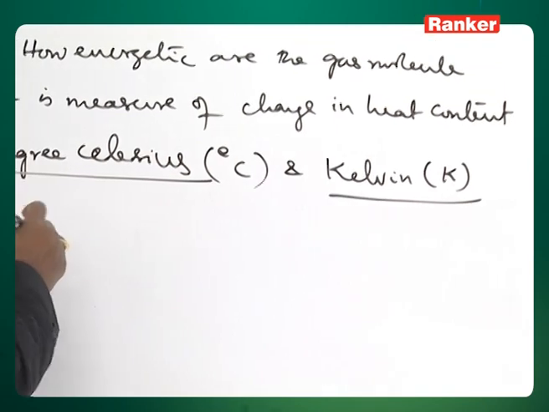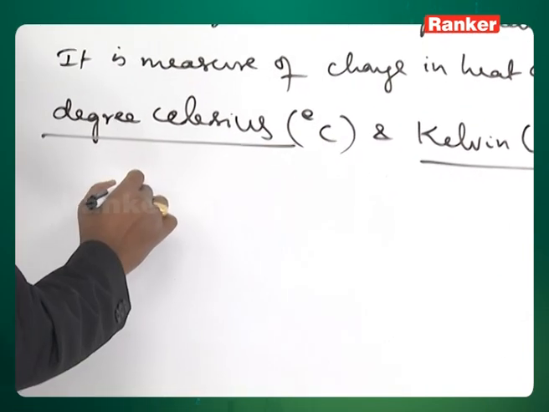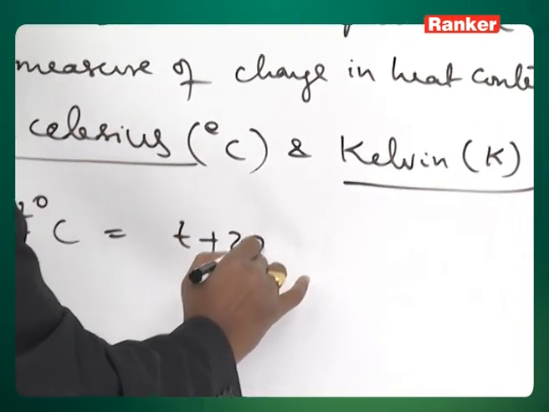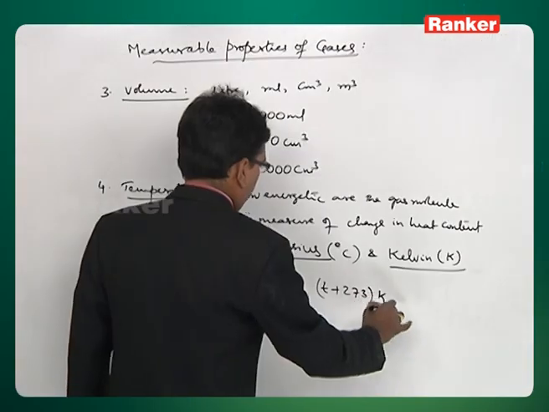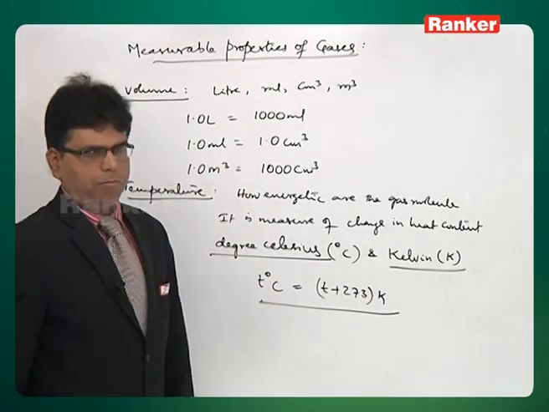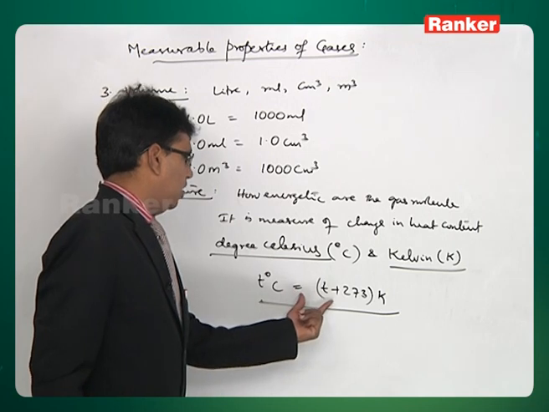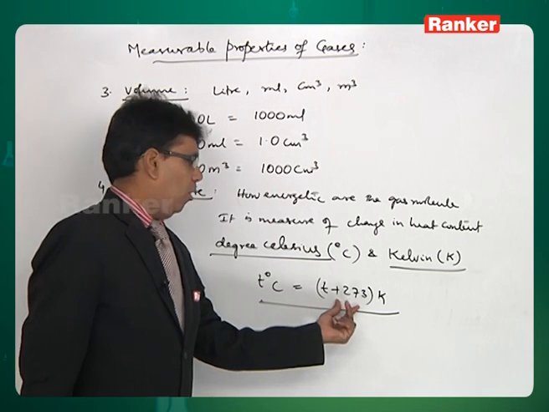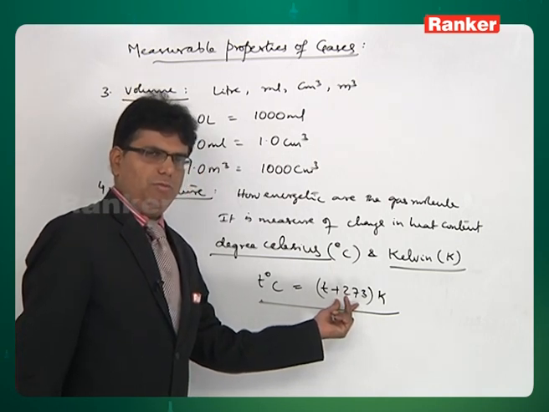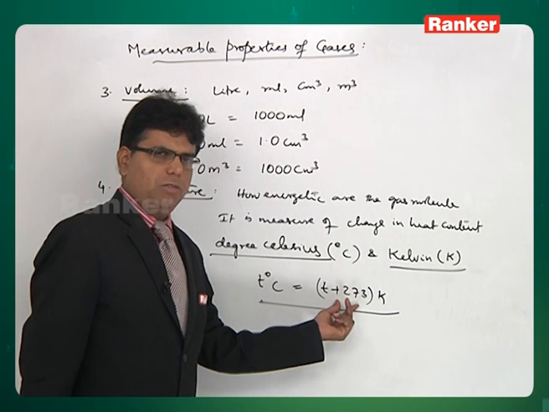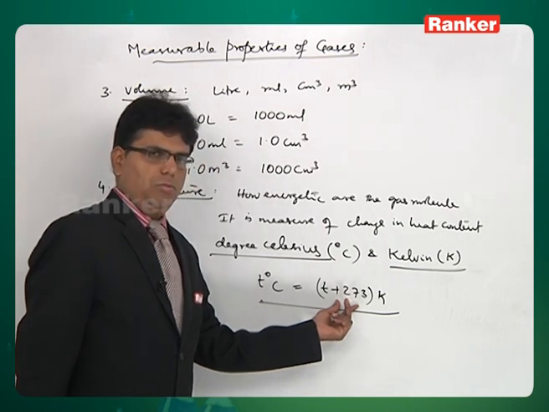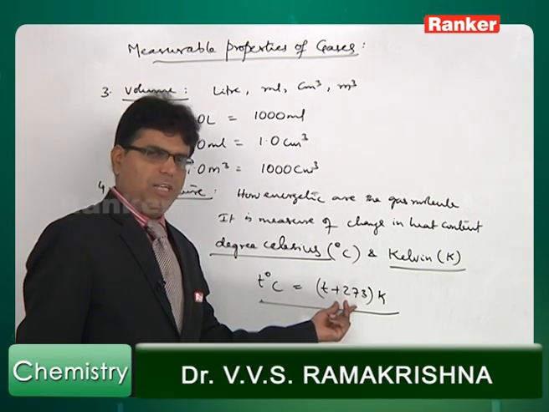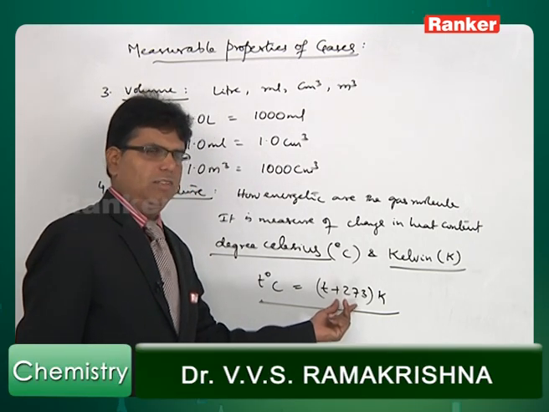T degree Celsius is equal to T plus 273 Kelvin. This is the relation. Normally it will be given in degree Celsius, but for all the gas laws and all the numerical problems we solve based on the gas laws or any other calculations in the gaseous state, we always take the Kelvin scale.